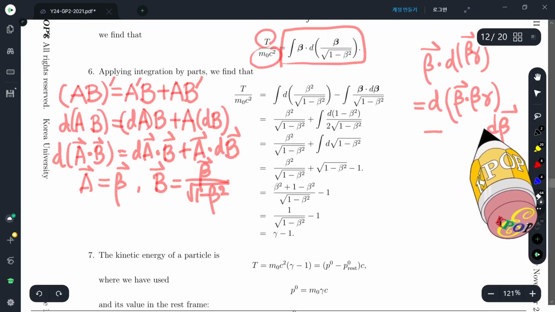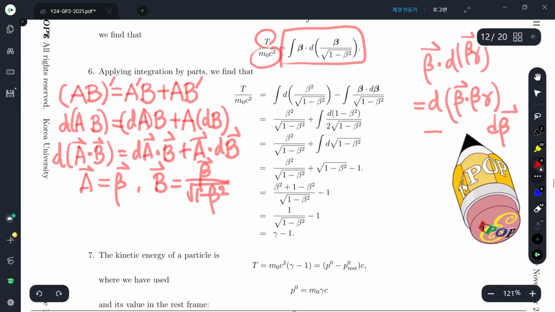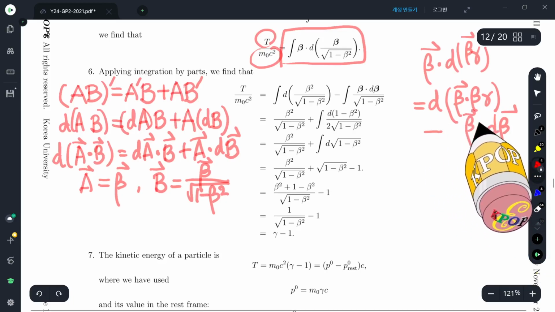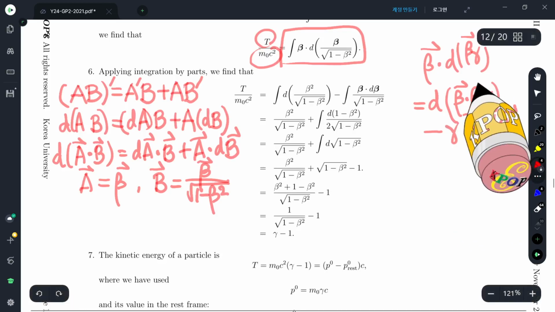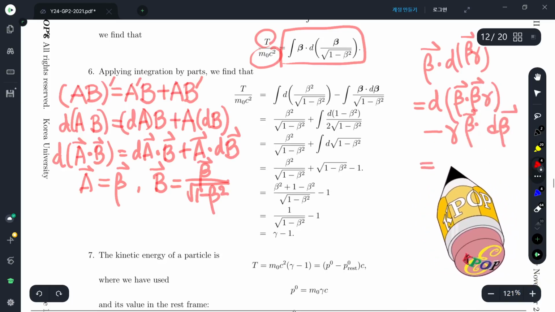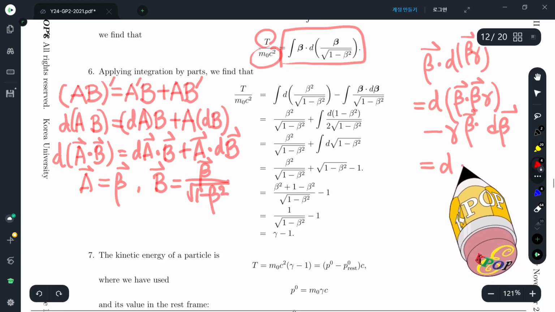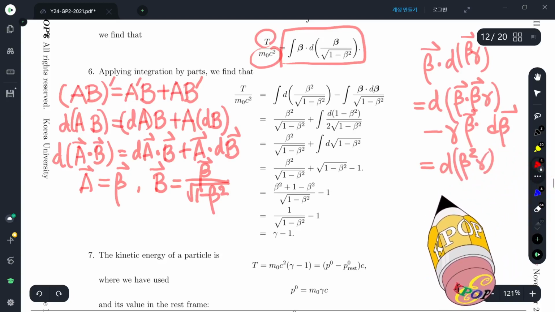Gamma is not a vector. And this is beta beta, so this is beta squared gamma, and this is what?